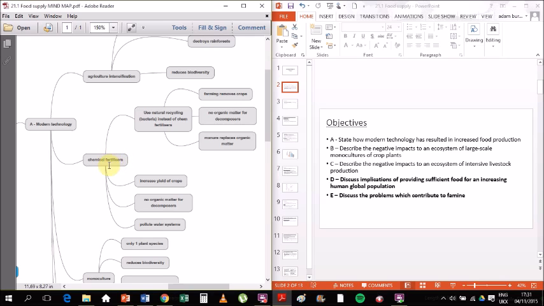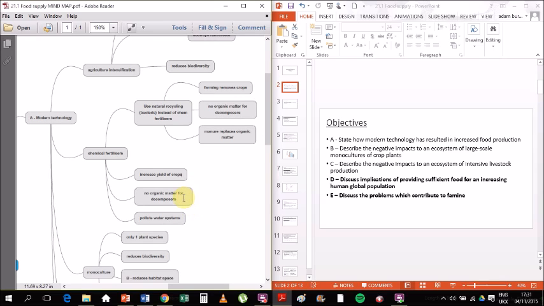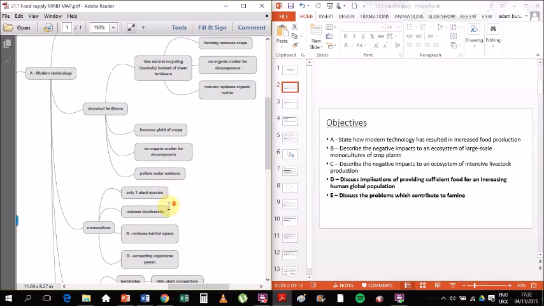And because of the demand for food, chemical fertilizers, even though pretty similar to manure, are used instead because they're that bit more efficient. So it increases the yield of crops. That just means the amount they sell for money, which is obviously what the farmers are there for. It's a business. It means there's no organic matter for decomposers, as we said here, and the chemical fertilizers themselves can pollute water systems, which is really bad.